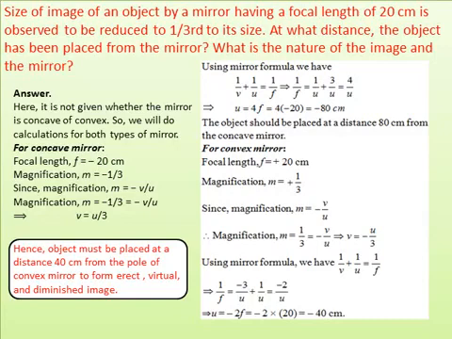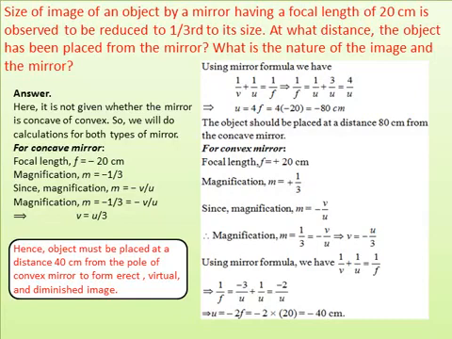Similarly, you do it for the convex mirror. The only thing is magnification will be plus 1 by 3, because a convex mirror will always give you a virtual image. Therefore, M is equal to plus 1 by 3.